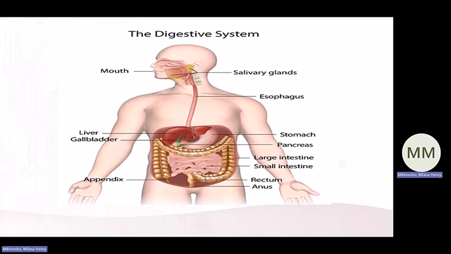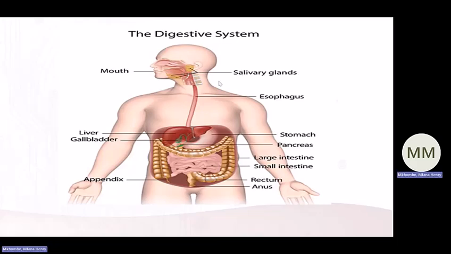So here is a simplified diagram of the human digestive system. There we can see the mouth, the opening at the anterior end, and the anus, the opening at the posterior end. That's why we call it a two-ended or two-opening alimentary canal.